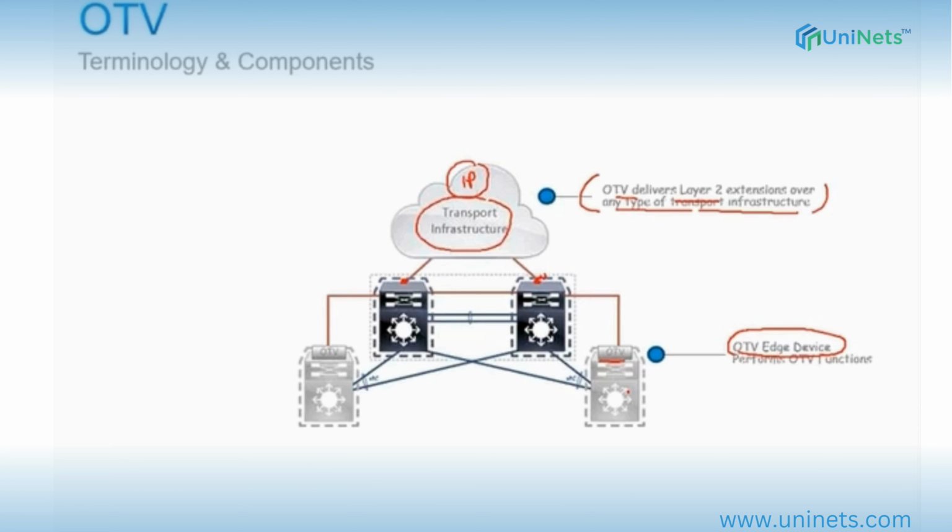That's all, simple. Extension of a layer 2 where you can have the same subnets on both sides across IP transport. Transport could be MPLS, point to point, anything. And the device over which you are configuring the OTV, we say as an OTV edge device.